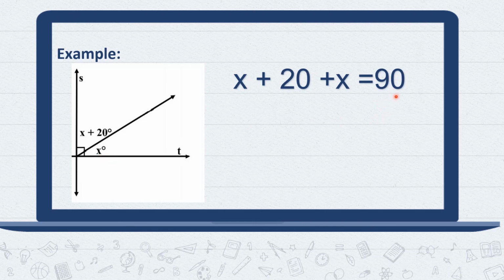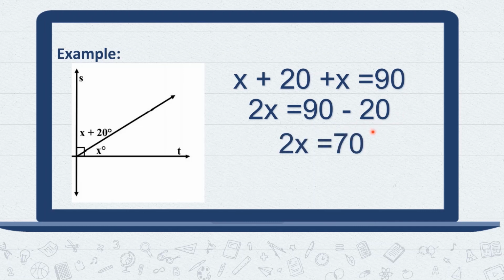Now, combine similar terms. So we will have x plus x is 2x, and then 90, ilipat natin yung 20 dun sa kabila to combine with 90, so minus 20. So 90 minus 20 is equivalent to 70. Since meron tayong 2 dito, we are going to divide both sides of the equation by 2. So therefore, the value of x is equal to 35.